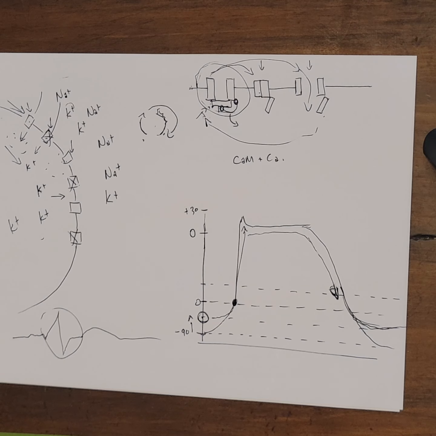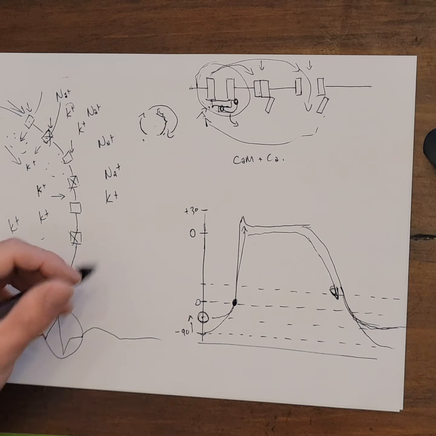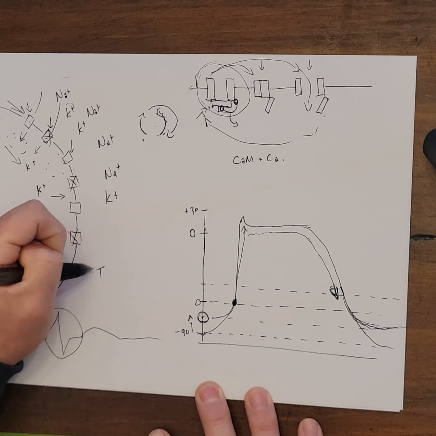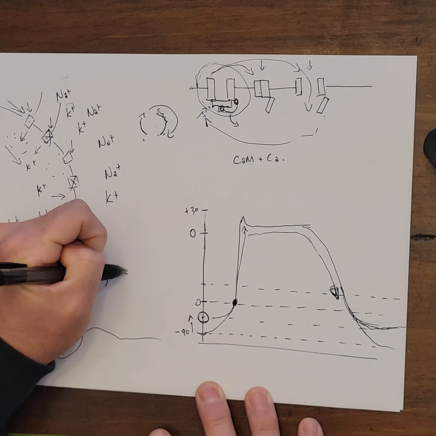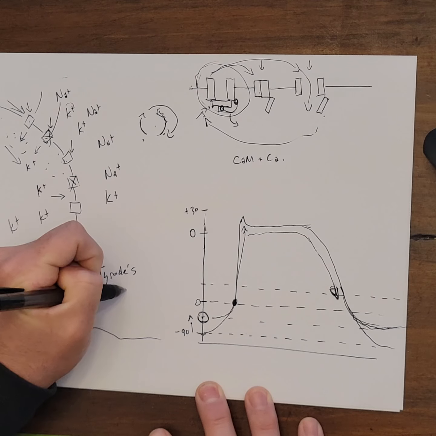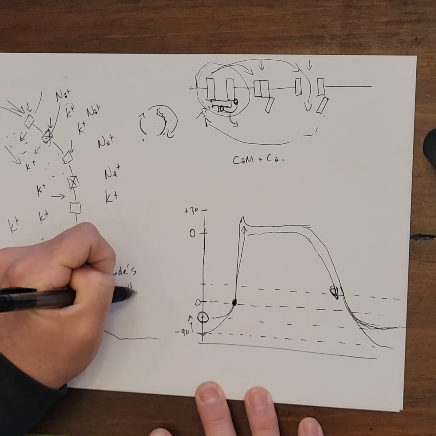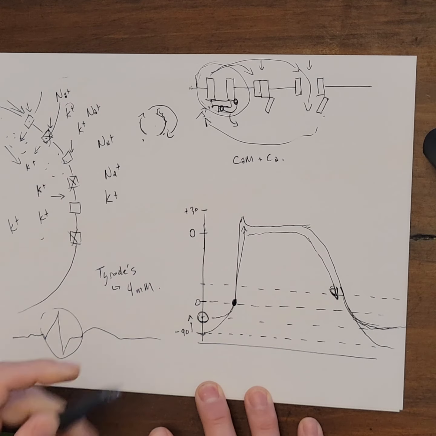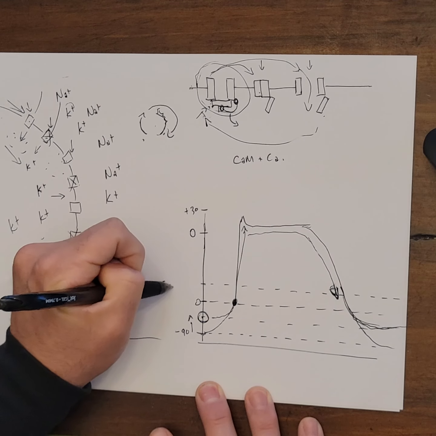And one of the other issues that I've come to identify is, again, because of these solutions that they use to perfuse these ventricular wedges, they will use something like a Tyrode solution with like 4 millimolar concentration of calcium.